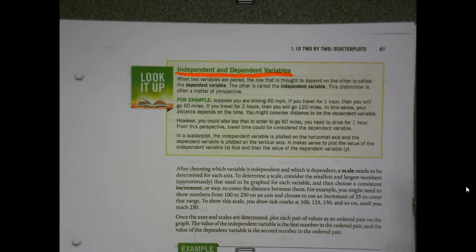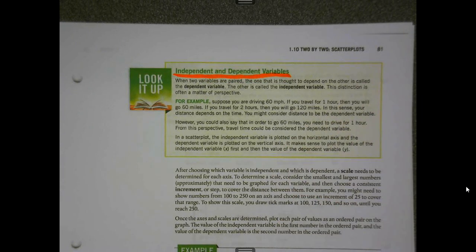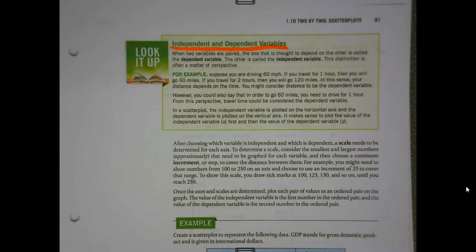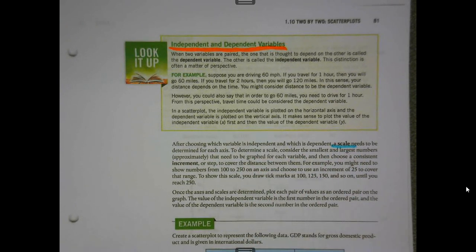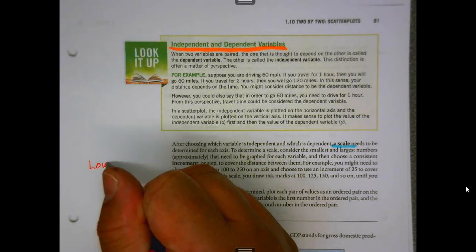Your scale for your axis. And that scale is going to tell us, the easiest way to do it is you figure out what your lowest value is from the data, at one end of the spectrum, and then you have your highest value.